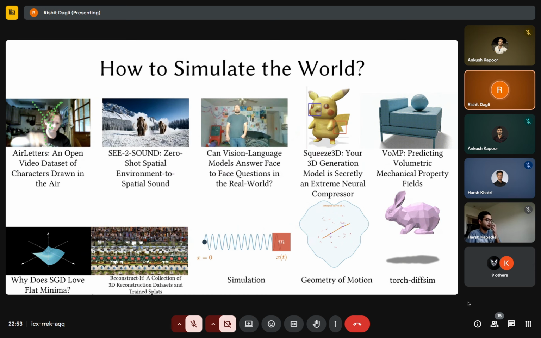So I picked a super broad thing, which is how to simulate the world, in the hope that you can use some of these ideas to make your own world and simulate that.